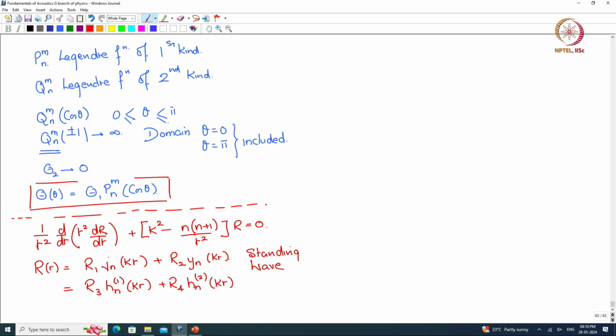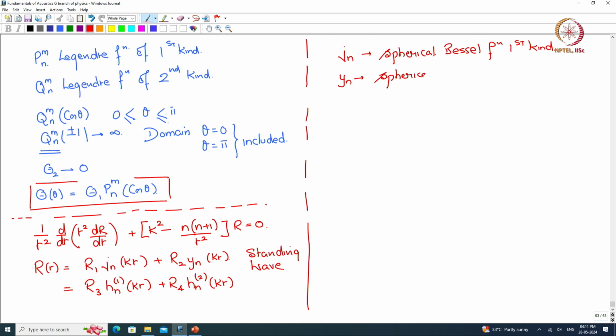And now Jn is the spherical Bessel function of the first kind, and yn is the spherical Bessel function of the second kind.